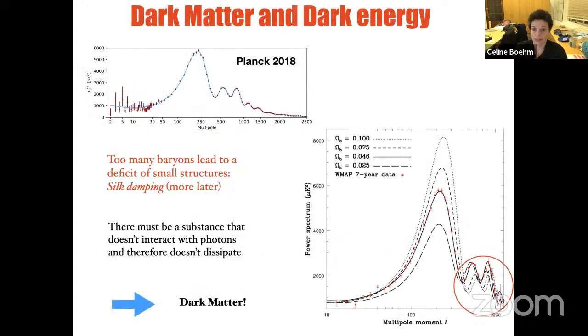Now, what we said yesterday is that this plot cannot be explained by assuming that the universe is made of baryons alone. That's just not working, so you need to do something else. In order to reproduce the data that you obtain, you need to add a component which doesn't dissipate. What does it mean, dissipate?